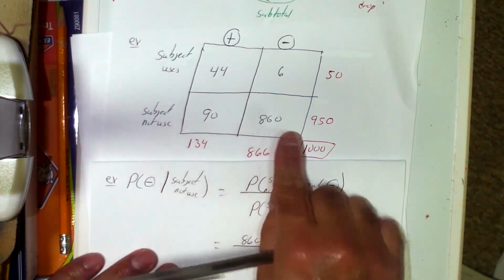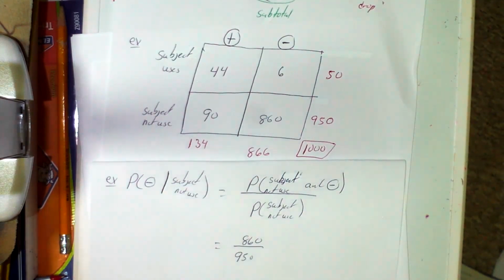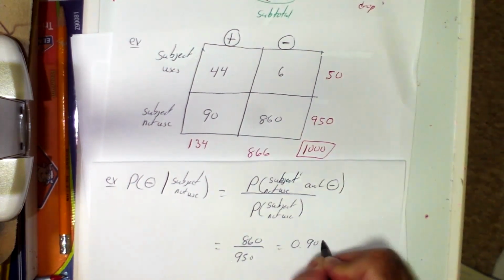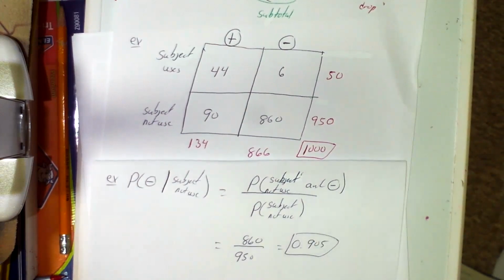That's a row total, 950. So 860 divided by 950 is 0.905.